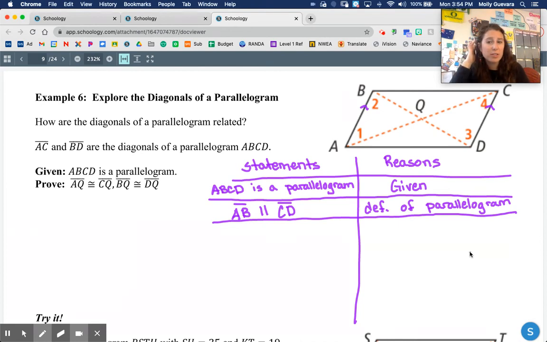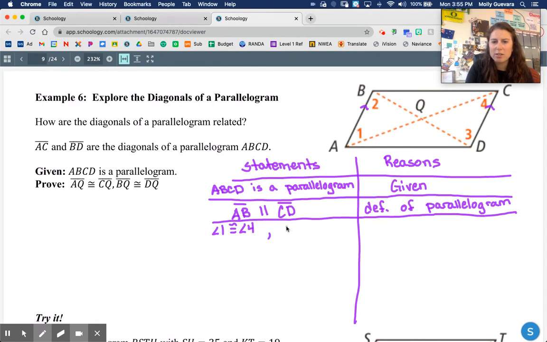Okay, so I'm trying to prove these diagonals. And then I also have these angles that are written in. So let's see if that's going to be helpful for us. I can say that angle 1 is congruent to angle 4. All right, so these two, angle 1 and angle 4, are the same.